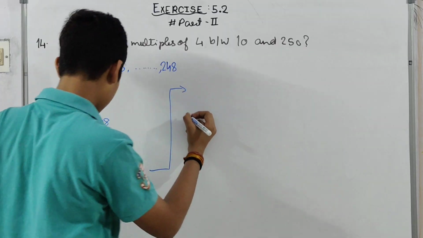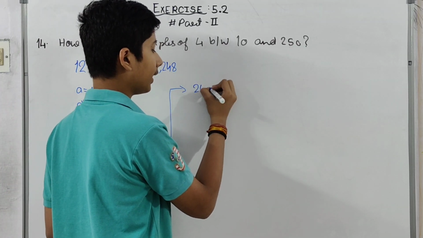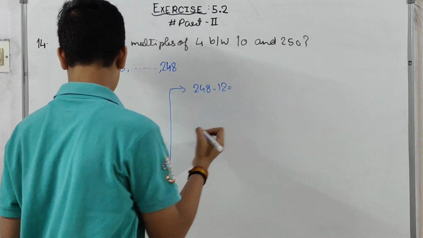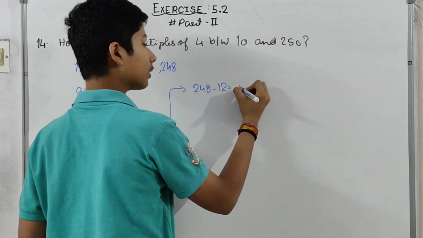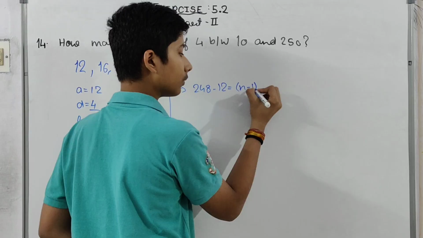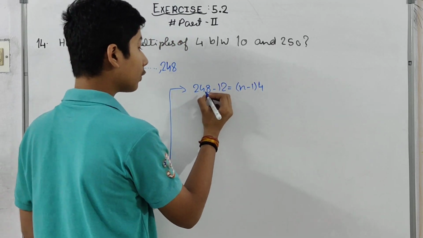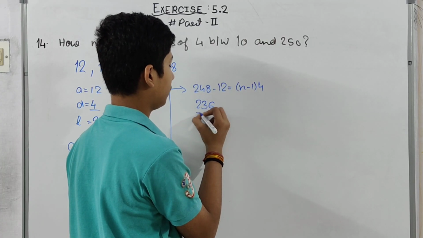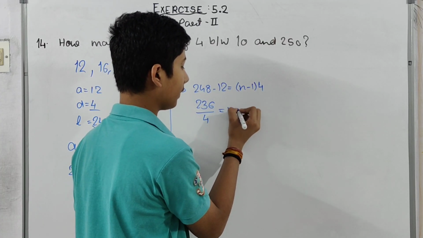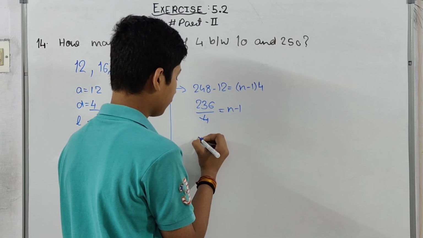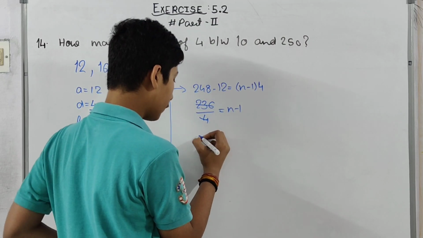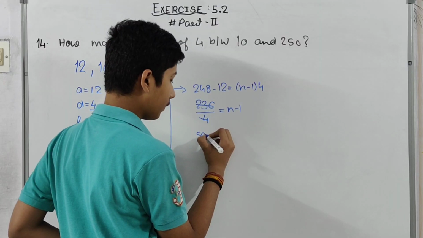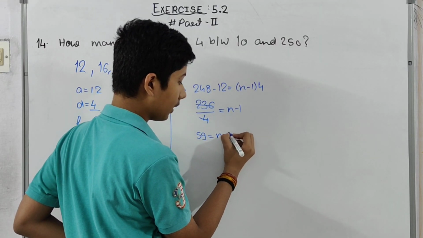Now let's solve it. 248 minus 12 equals (n minus 1) times 4. 248 minus 12 is 236, upon 4 is n minus 1, which is 59.